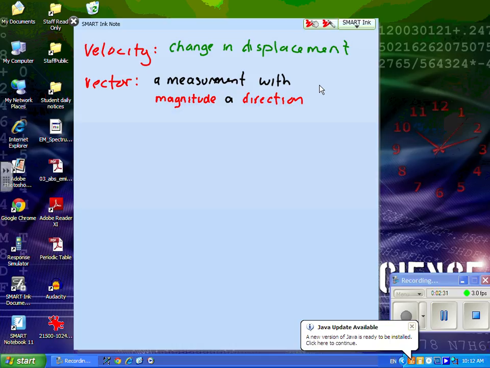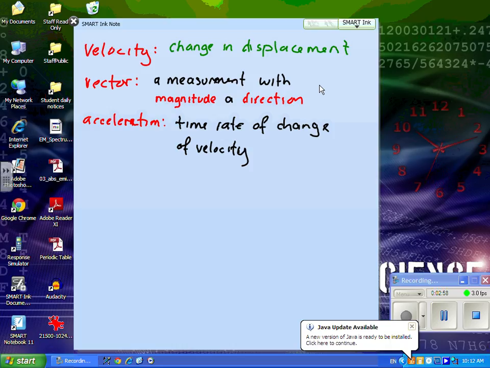Okay, next one was acceleration, wasn't it? Time rate of change of velocity is a really exact answer.